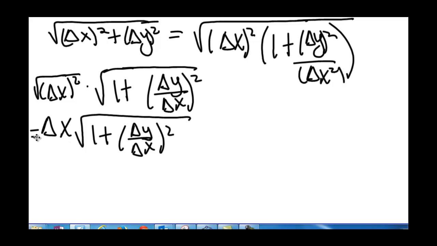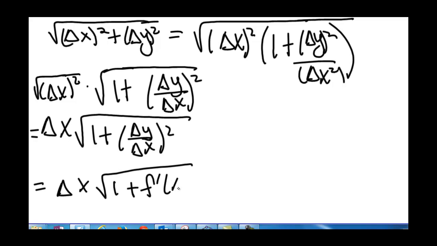And we can use the mean value theorem to rewrite the change in y over the change in x as f prime of x star, for some x star in the subinterval. So we have the change in x times the square root of 1 plus f prime of x star squared.